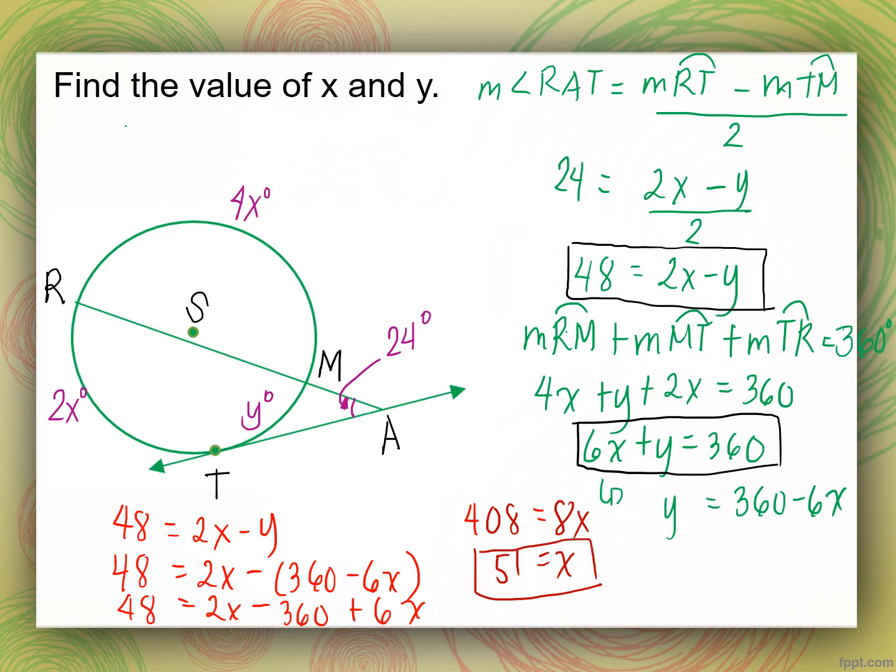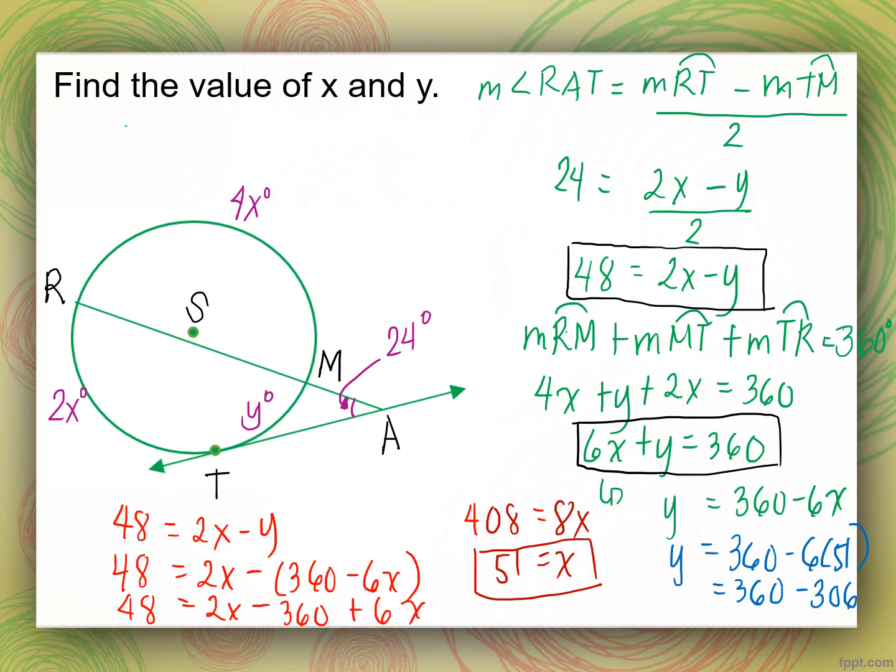So solving for y, we can just substitute 51 to the second equation, the one that we have transformed. So y is equal to 360 minus 6 times 51. 6 times 51 is 306.